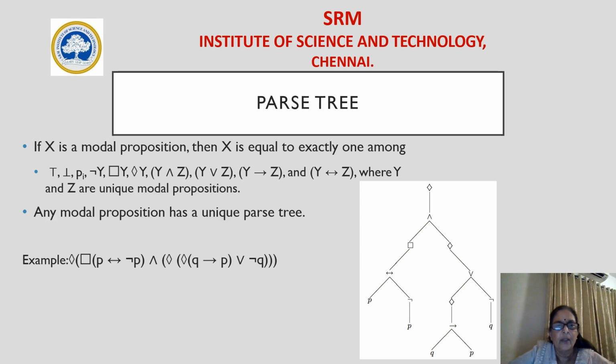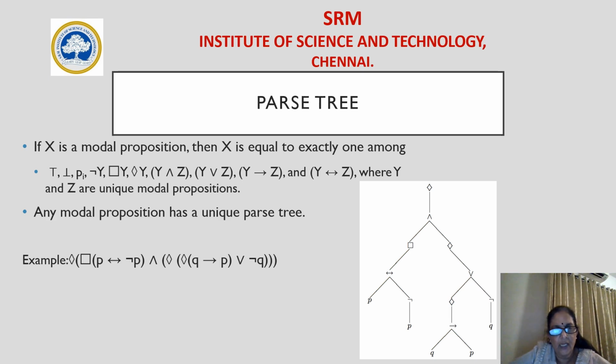If X is a modal proposition, then X is exactly one among those represented here: true or false or an atomic proposition, or a negation of Y, or a box of Y, or diamond of Y, or a conjunction, disjunction, conditional or biconditional with Y and Z, where Y and Z are also modal propositions. Any modal proposition that follows the rules would have a unique parse tree.